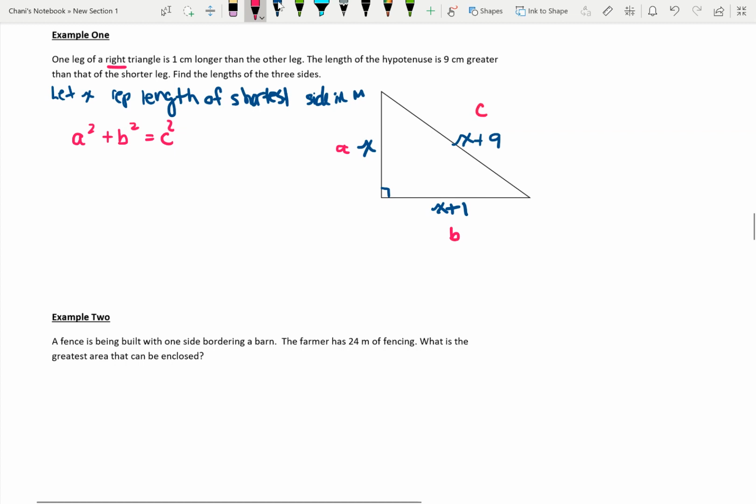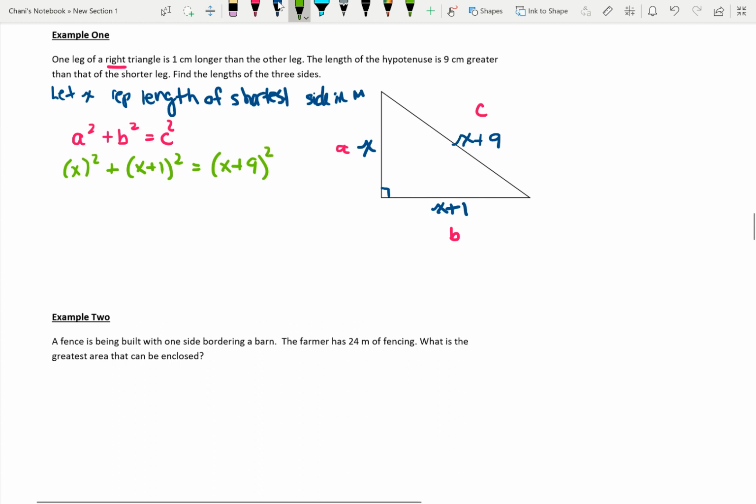So we can take these side lengths and substitute them into this equation. Now be careful. a is x, so we have x squared. But b is x plus 1, so it's all of x plus 1 that becomes squared. So you have to use brackets. Similarly, for c, it's all of x plus 9 that is squared.